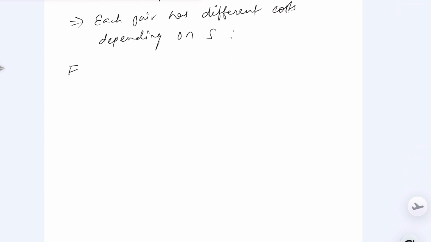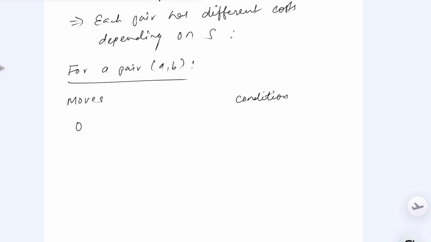For a pair containing A and B, I will have some moves, starting from 0, and there are some conditions. If S equals A plus B, we have move 0.